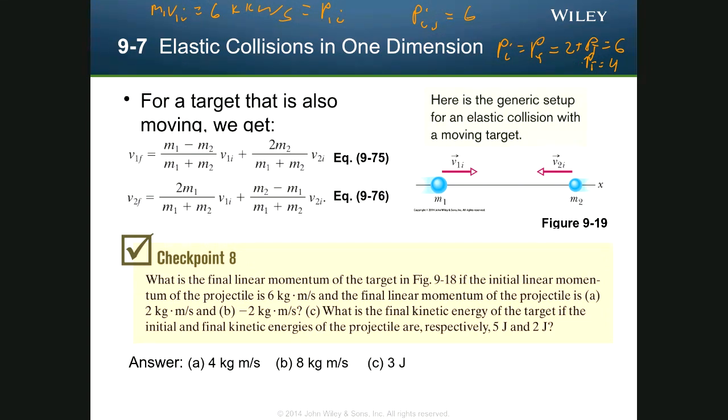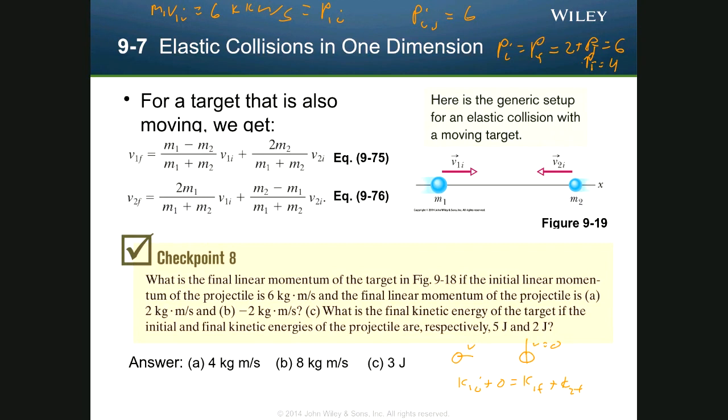But now let's look at part C. What is the final kinetic energy of the target if the initial and final kinetic energies of the projectile are 5 and 2 joules? Well, remember, we have fundamentally a projectile with some velocity hitting a target. So the initial energy is all kinetic. We have K1 initial plus 0 equals K1 final plus K2 final, right?